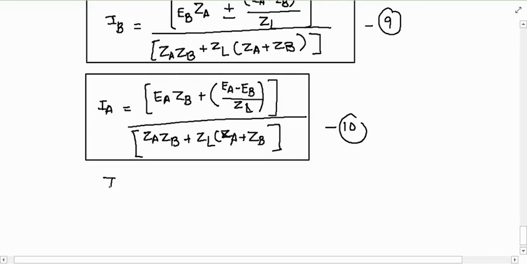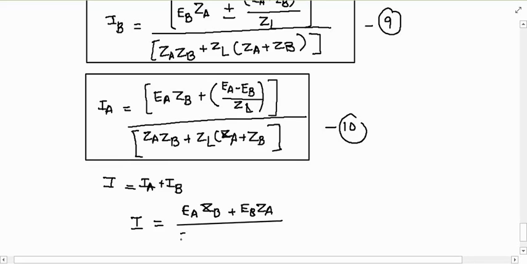Also we can find out I. What is I? IA plus IB. So if you put the value of IA and IB from equation 9 and 10 in this, you will get I equals EAZB plus EBZA divided by ZAZB plus ZL into ZA plus ZB.